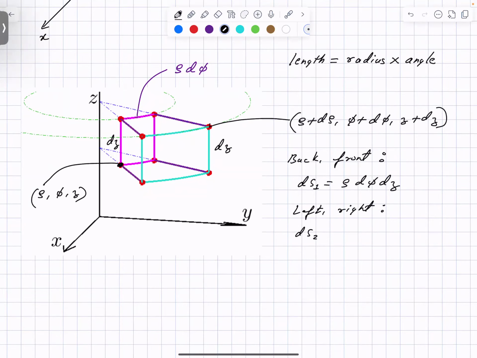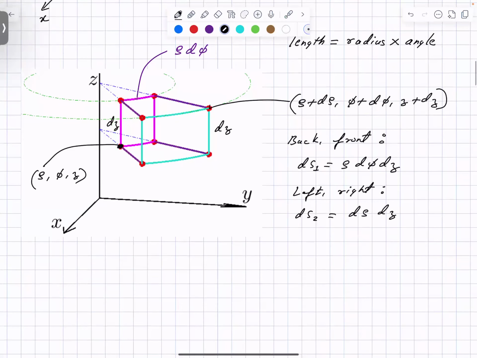We'll call that ds2. This one is easy because the height is dz and this length is d rho. So the area has to be d rho dz. And then the third type is the top and the bottom.